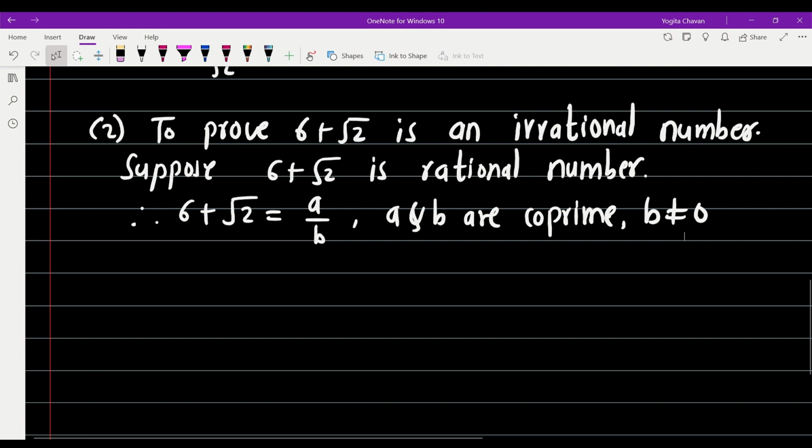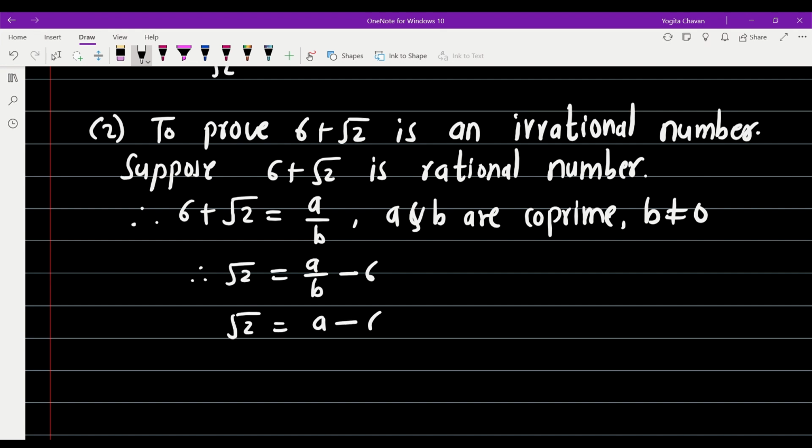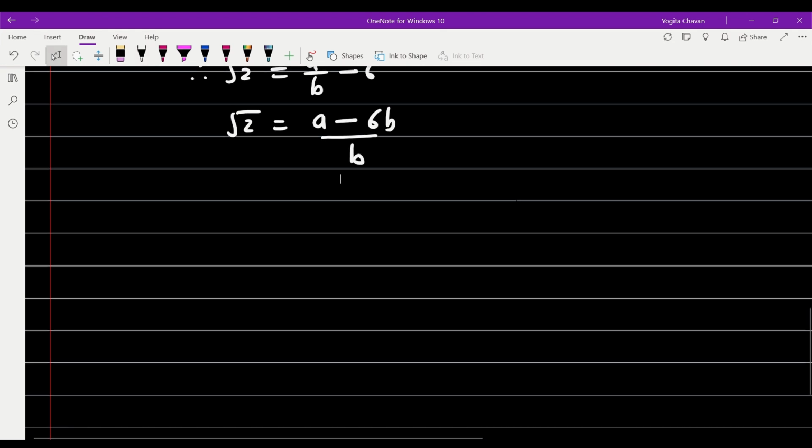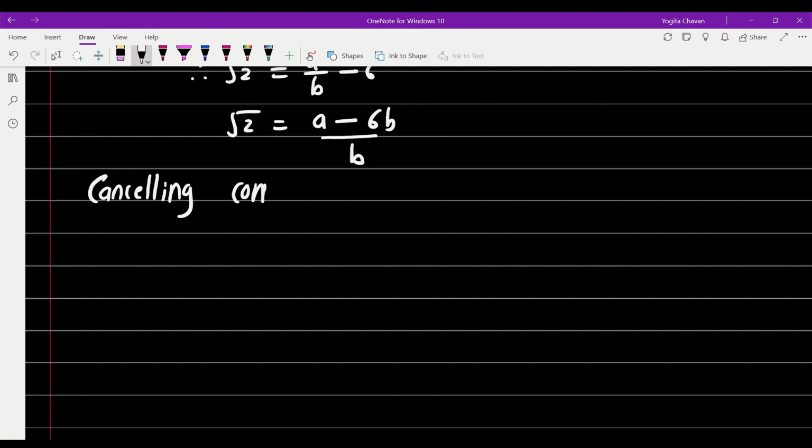Now simplify this expression. 6 plus root 2 is equal to a by b. Therefore, root 2 is equal to a by b minus 6. So root 2 is equal to a minus 6b divided by b. Now cancelling common factors, if any, from denominator and numerator.